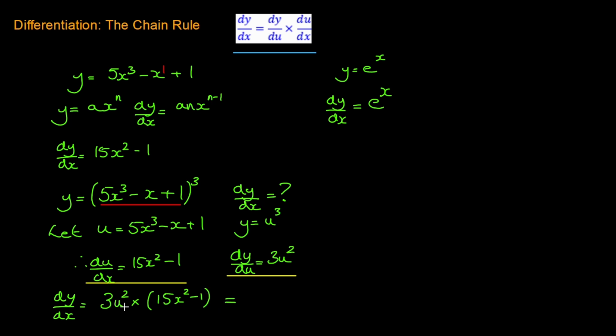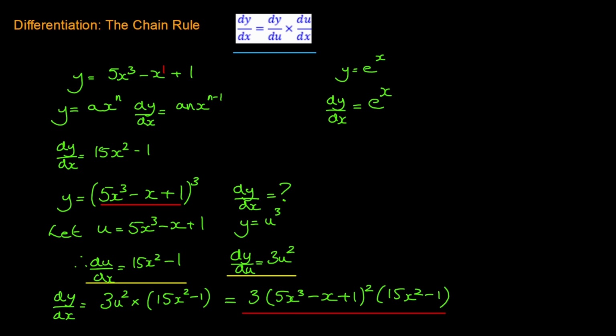So putting back our substitution for u, we get 3, there's our u, which is 5x cubed minus x plus 1, this time raised to the power 2, multiplied by 15x squared minus 1. And that is your answer.